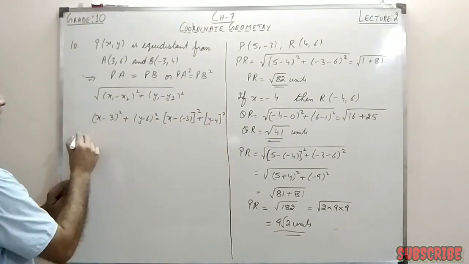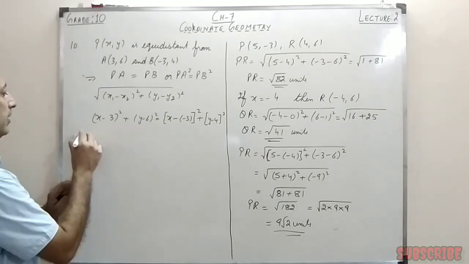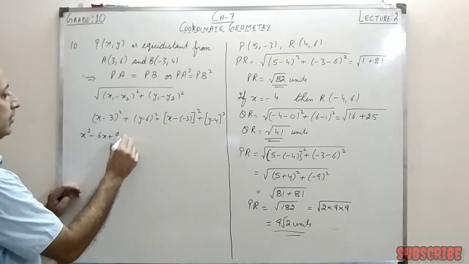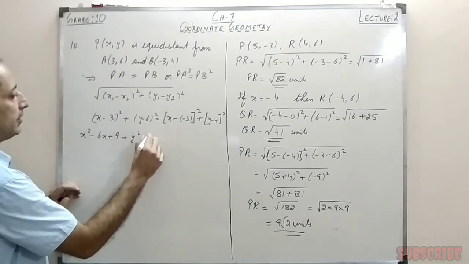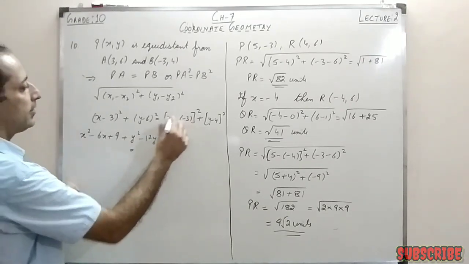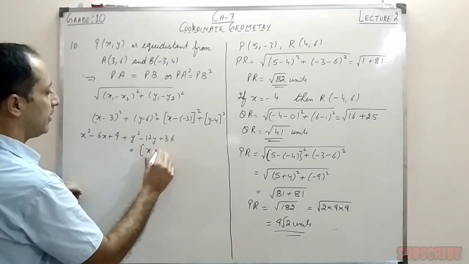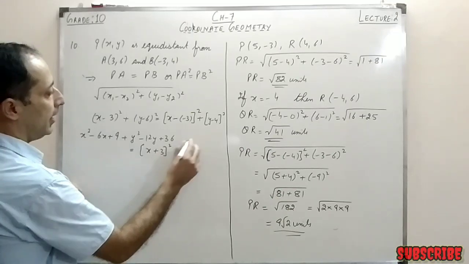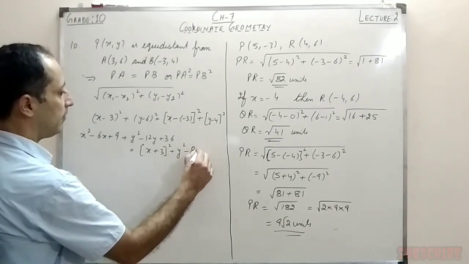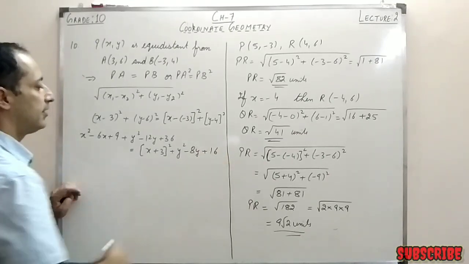Now if I expand it using the identity, this will be x square minus 6x plus 9 and this is y square minus 12y plus 36. And on the right side, when I simplify this, I get x plus 3 whole square and on expanding, it will be y square minus 8y plus 16.